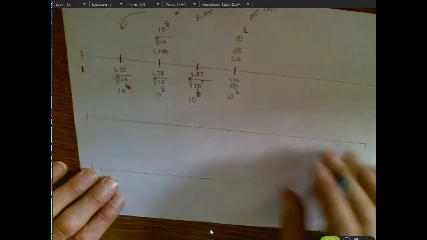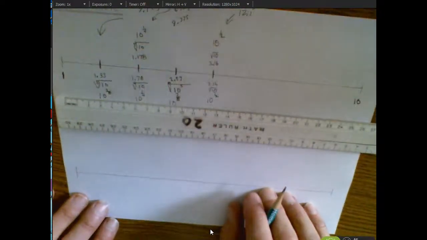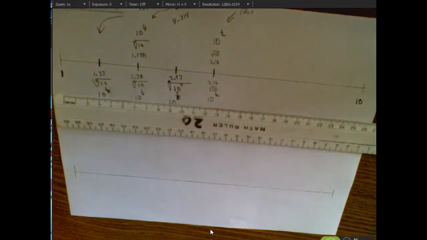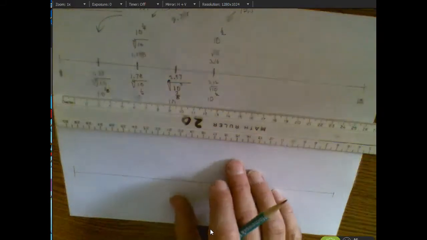Got it? Okay. What we want to do is mark up the second half of our number line. So let's go ahead and figure out what's 5/8 of 25 centimeters? So 0.625 times 25. The next mark we'll have is at 15.625.